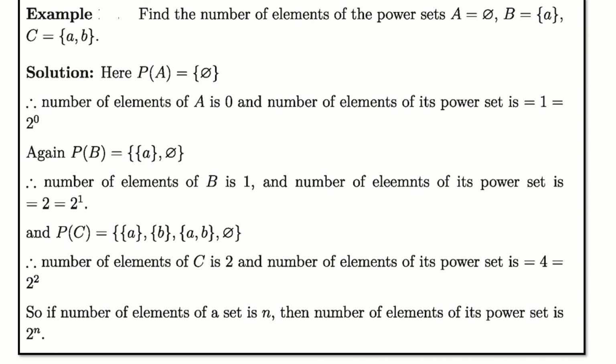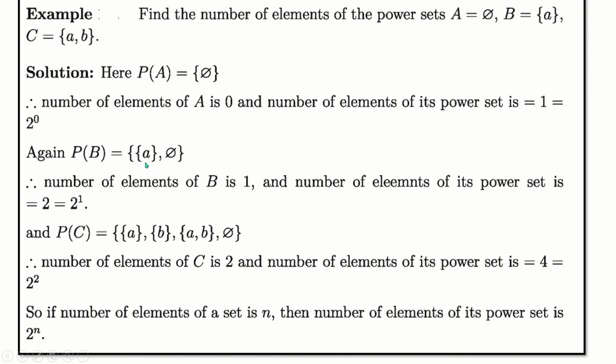Itself means the given set. That means the power set will be the null set and the given set itself. Here it is only one set because it is enclosed by the second bracket.